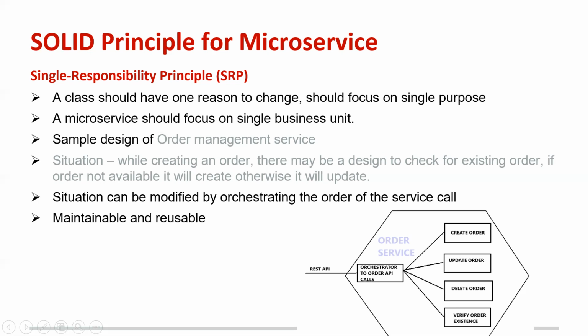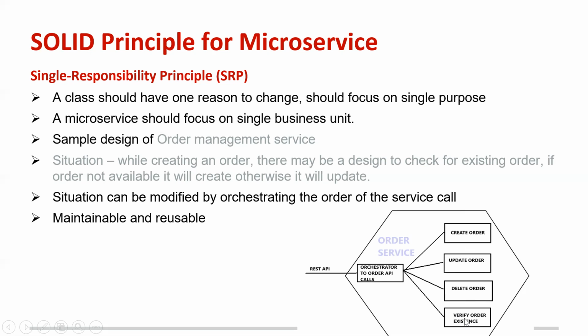This module will focus on whether the given order exists in the database or not. So we are separating the module like this, and now we are receiving the same request to create or update the order. So we are modifying the order of the service call. First I am invoking verify order existence.